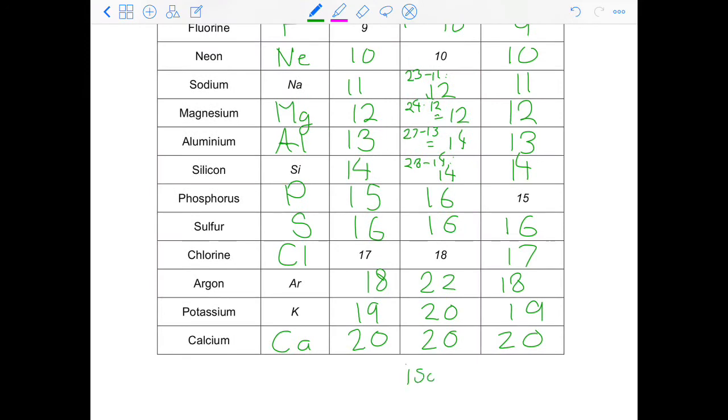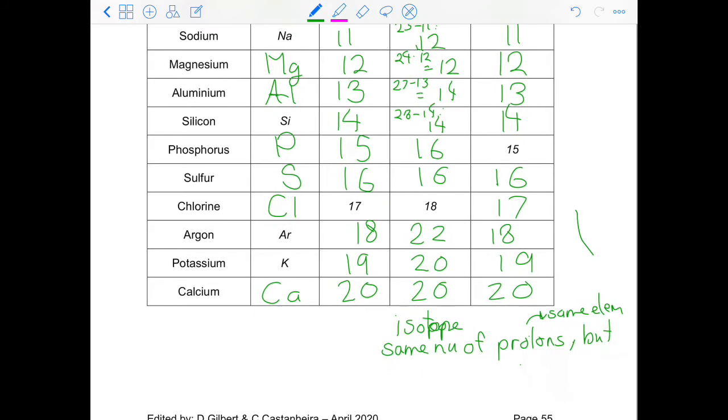So an isotope is when an atom has the same number of protons, so it's the same element, but it has a different number of neutrons.